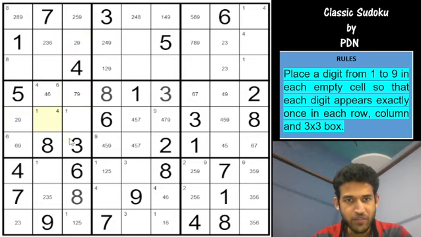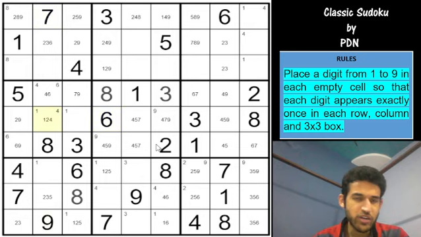Okay, this one can be 3, 5, 8, cannot be 6, 7, 9. So that is 1, 2, and 4. If I could even eliminate one single candidate from some cell that gives rise to a pair, that would be really nice.